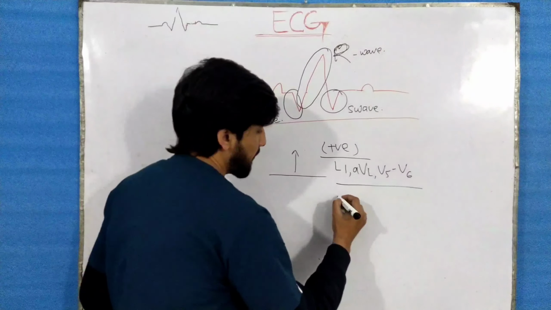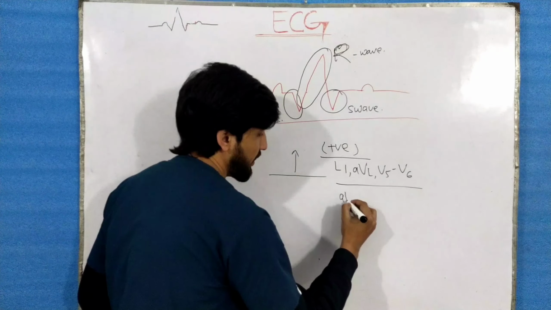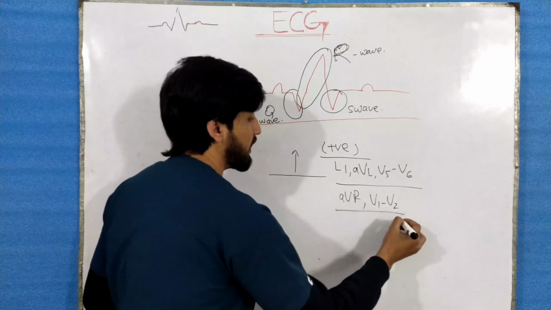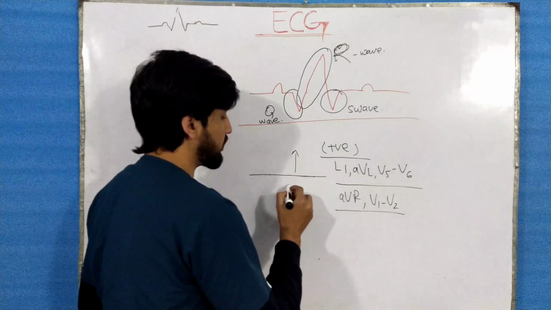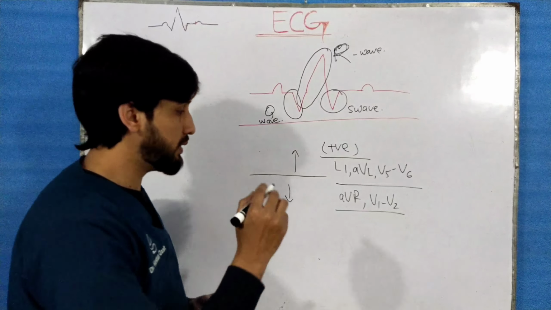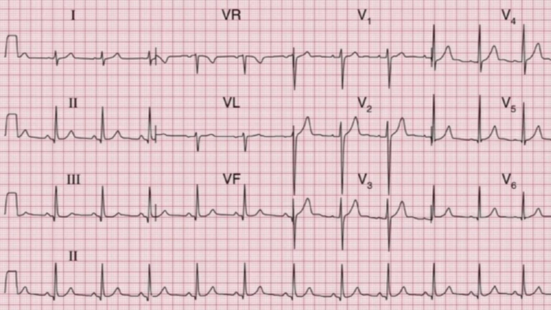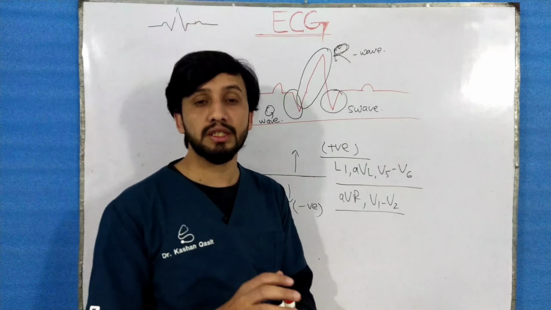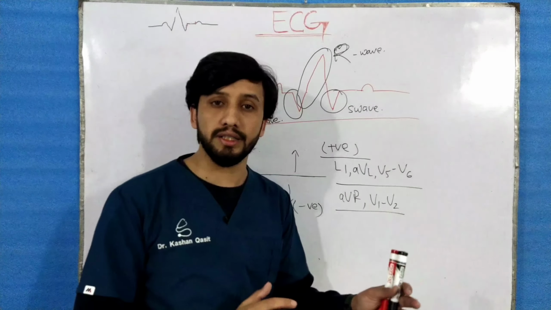When you will see the lead AVR or V1 or V2, normally this QRS complex is below this isoelectric line, which means that the QRS complex is negative, and the leads which are recording these signals are looking at the heart from right side.